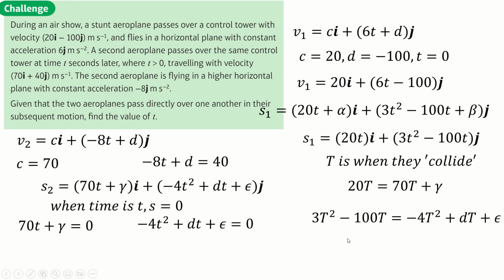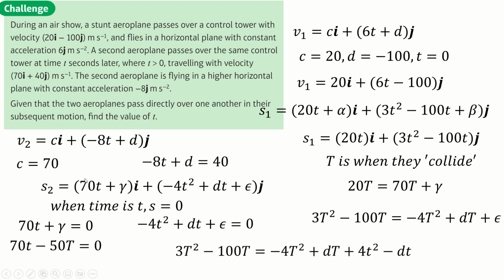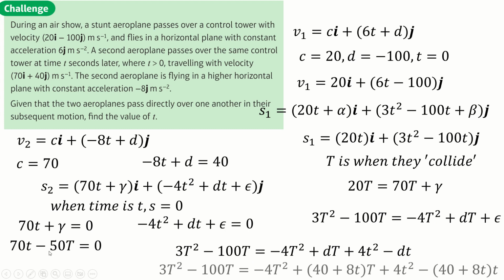So, okay, what can we do here? Well, we can do this equation, take away this equation, which will give us this. And we can do this equation, take away this equation. And that gets rid of the gammas and the epsilons, which is super helpful. And now if I rearrange this for big T, like this, I can just throw that big T straight into here. I've also thrown this value of D, which is 40 plus 8t, into here as well.